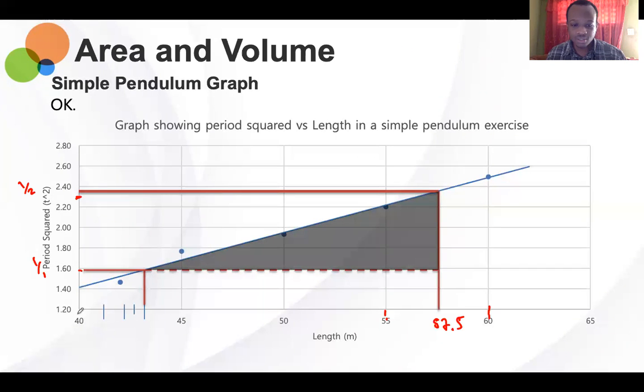In the middle of 40 and 45, the middle would be around here, this section. This will be 42.5. So the value actually falls right here, so this will be about 43. Remember, it's just a simple estimate, so it's not really anything to worry about. You're just estimating. So are we understanding the position so far?